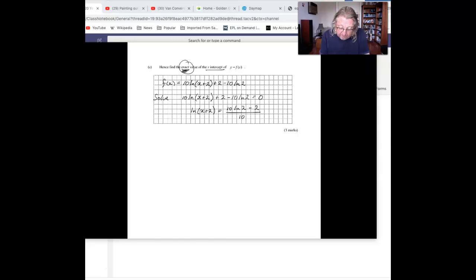And we can simplify that as log 2 minus 1 over 5, because 2 over 10 is 1 over 5. So you don't have to write this bit in, but this is what we're doing.